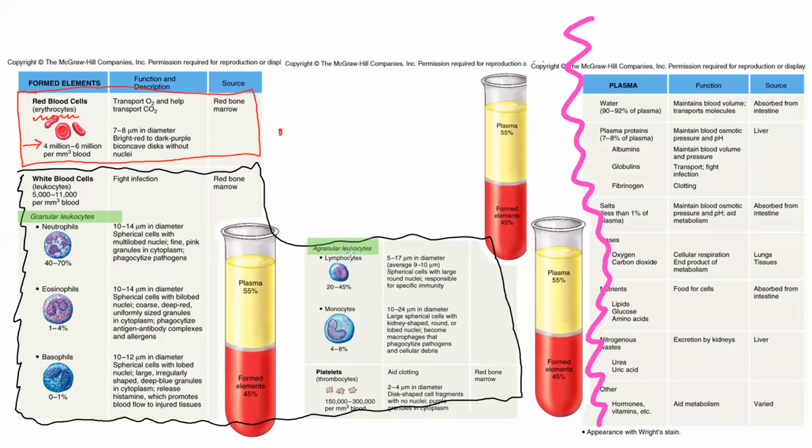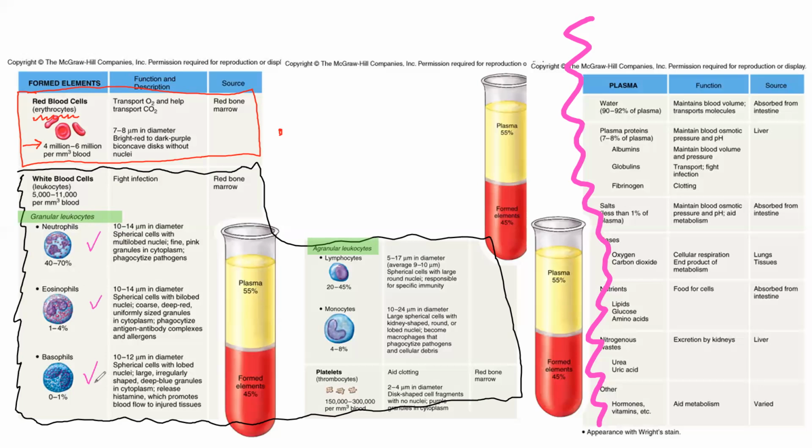Now, in grade 7, maybe grade 5 or 7, you learned about the difference between biotic and abiotic, meaning living and non-living things. So granular and agranular basically means there are some granules in one and there are some without granules. So the ones that do have granules or little grains are neutrophils, eosinophils, and basophils.